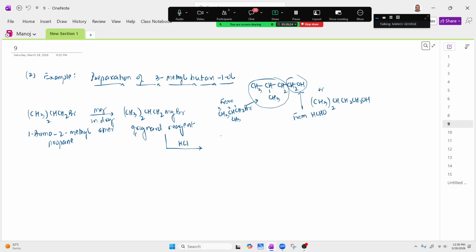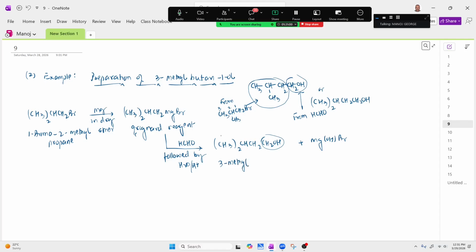So that's HCHO, followed by H2O/H+, and this is going to give me (CH3)2CH CH2 CH2OH. That's the extra carbon coming in here, of course, plus the Mg(OH)Br. Okay, all done.